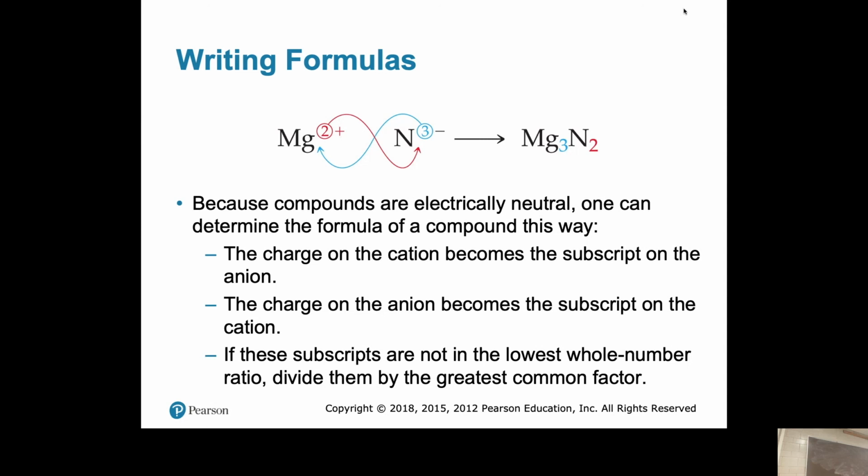The reason why you can do that is this: if you make a 3 here and you multiply it times 2, what do you get? 6. And then if you take the 2 here and you multiply it times -3, what do you get? -6. -6 plus +6 is what? 0, and it's neutral now.